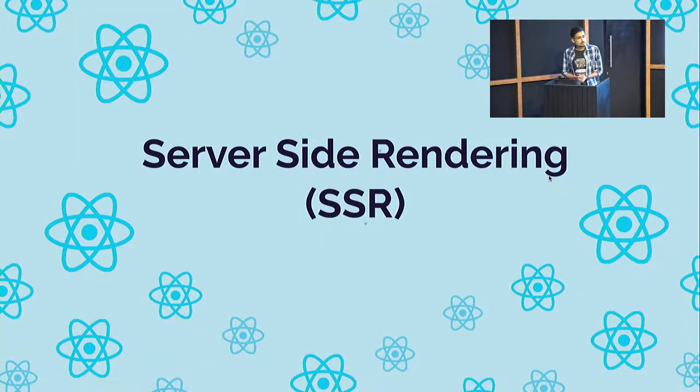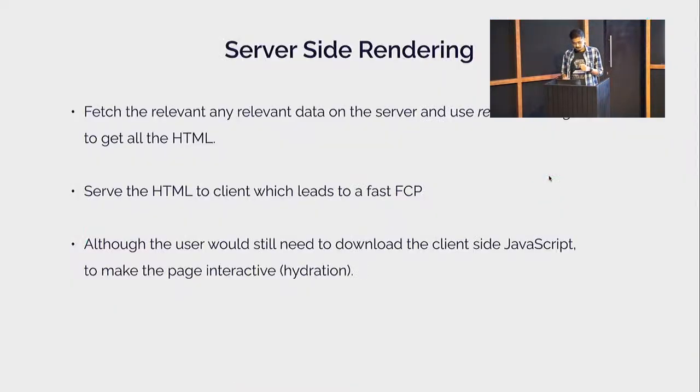Okay, so next we have server-side rendering. With server-side rendering, instead of running all the code on the client, we first fetch all the relevant data that we need on the server itself, and then we use React's renderToString method to get all the HTML, and then we serve this HTML to the client, which leads to a fast first contentful paint.